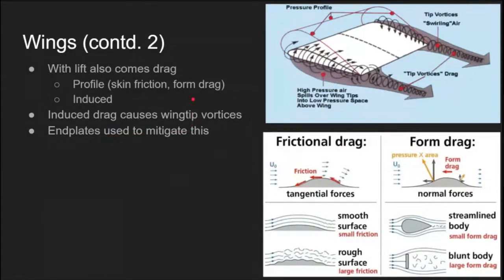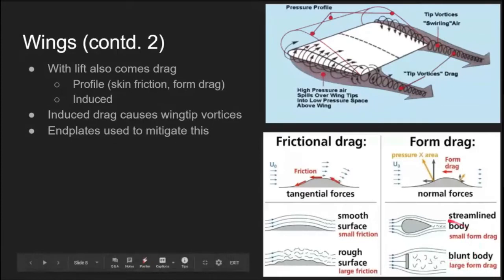Okay, so basically you have profile drag, which is broken down into form drag and frictional drag. Form drag is basically the drag caused by the actual shape of the object itself. If you just put a flat plate into the air, like your hand out the window, there's a large form drag because there's a large area that the air is hitting.